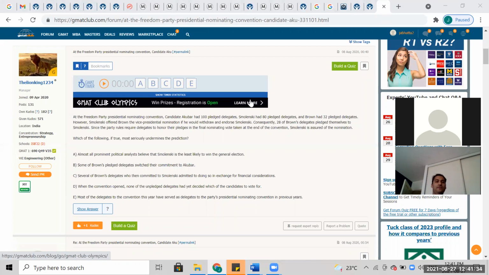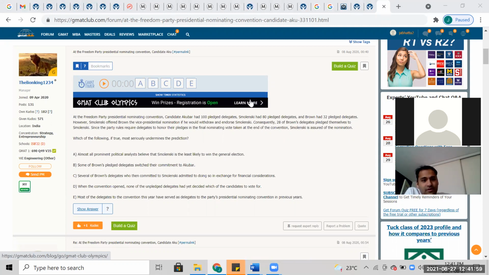Consequently, 28 of Brown's delegates pledged themselves to Smolensky. So Akbar has 100, Smolensky had 50, and Brown had 32. He gave 28 to Smolensky.